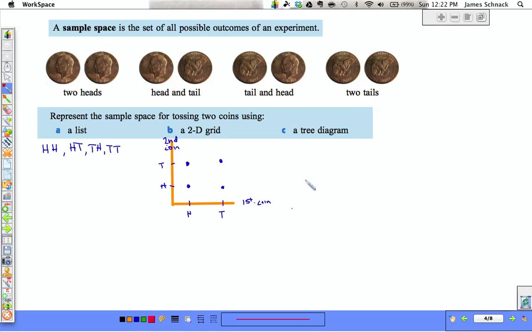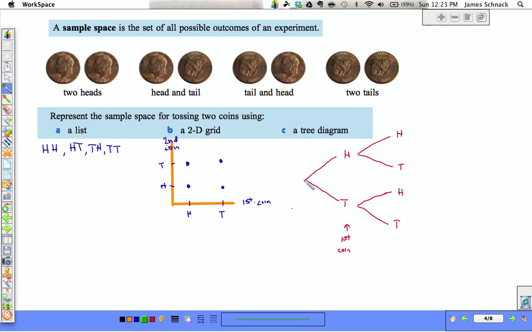And finally, a tree diagram. We start off at our initial point, and then our first coin has 2 possibilities, heads and then tails. So this is representing the first coin, or in a general state, the first event happening. And then from that, we have 2 outcomes that could happen, and it could happen after each one of these. This is sort of like a road map.